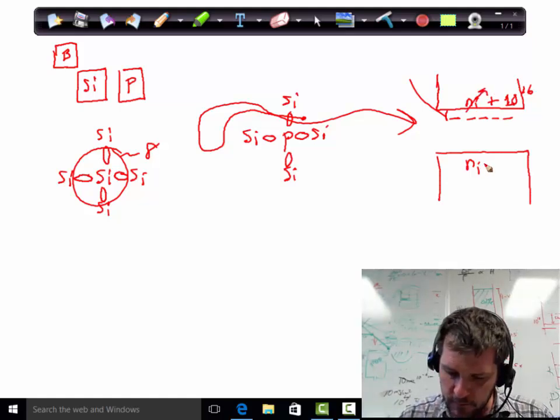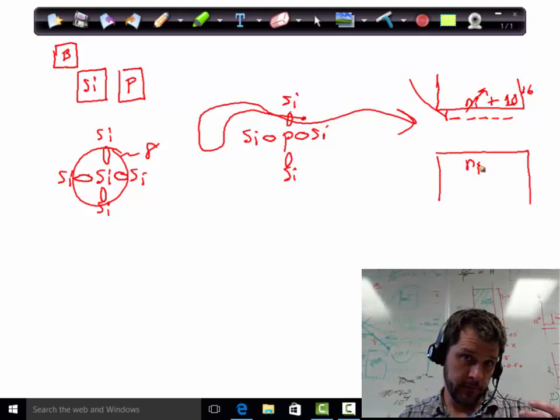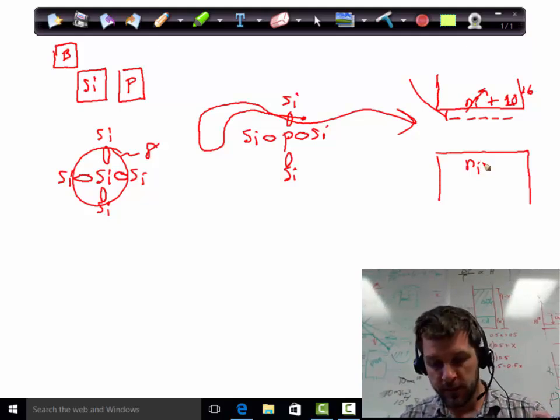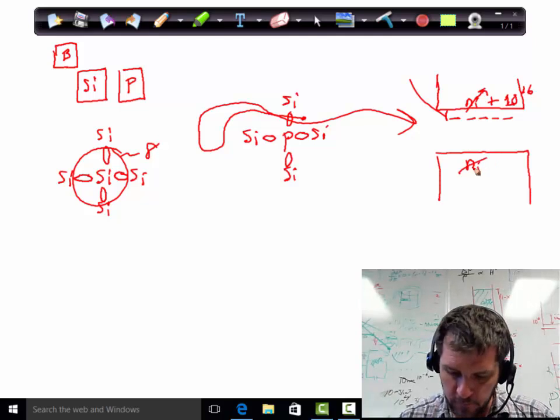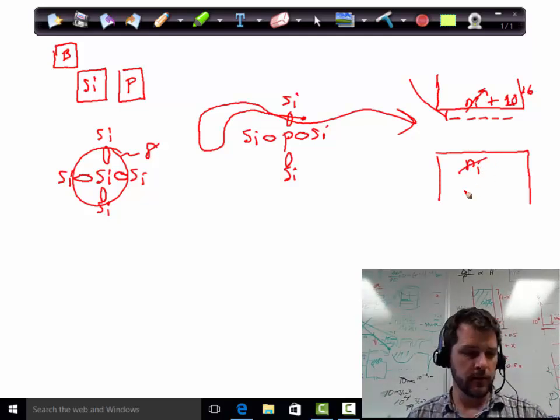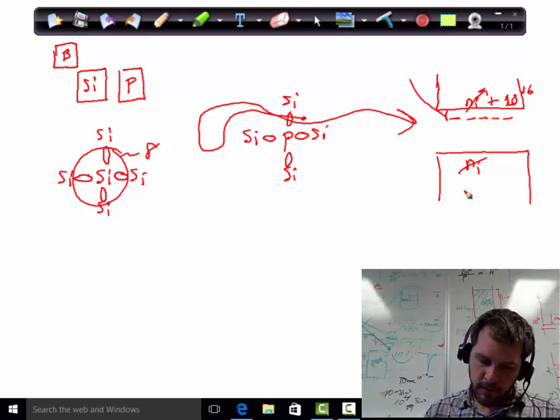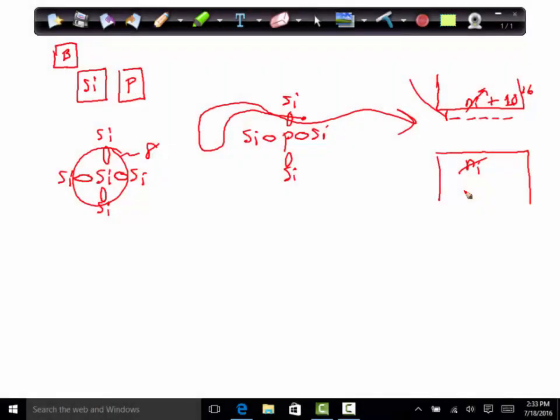Now, consequently, because we've talked about how the Fermi level is unique and it's shared by both the electrons and holes, in the valence band the situation is a little bit different. We'll talk about that in a moment.